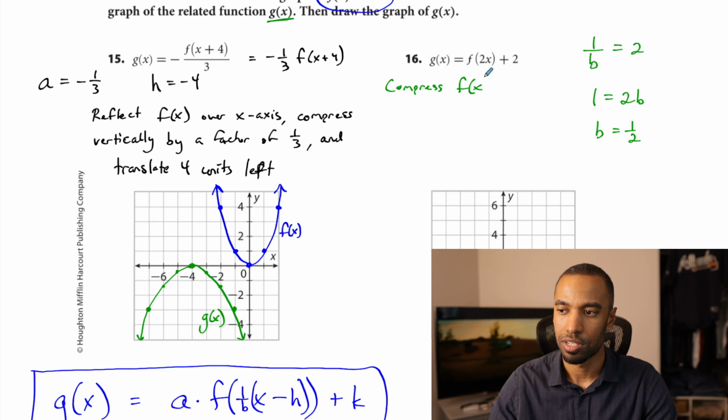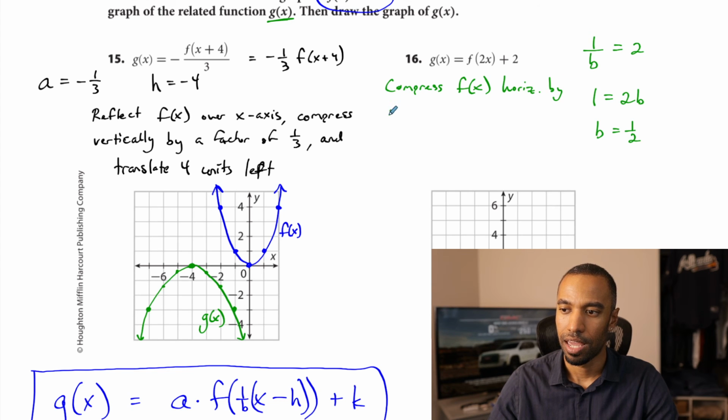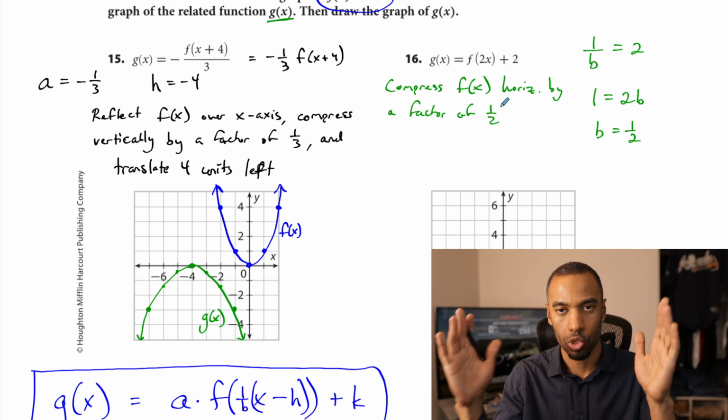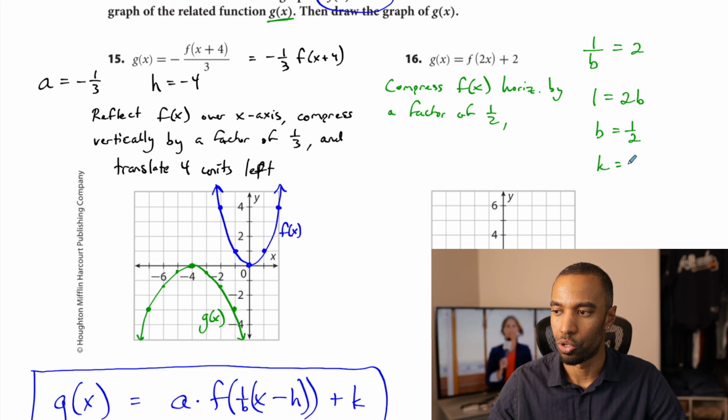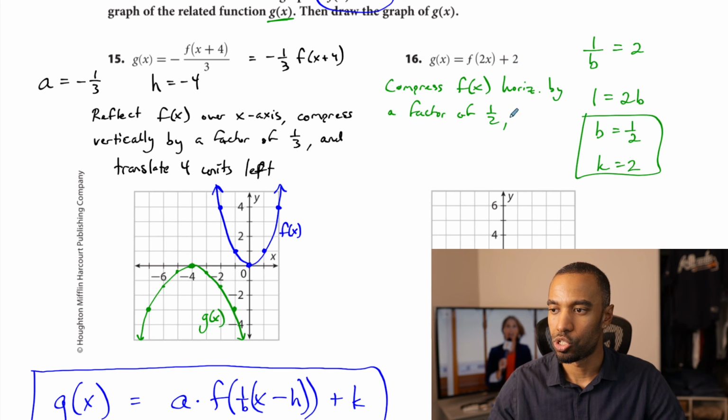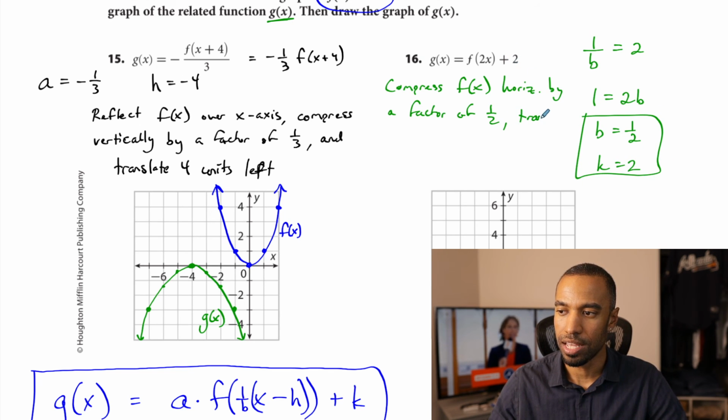Compress f of x horizontally by a factor of 1/2. So it's going to squish this way. And then, with k being 2, as that plus 2 shows up there, I'm also going to translate this graph 2 units up.